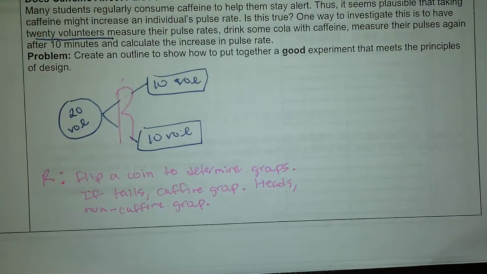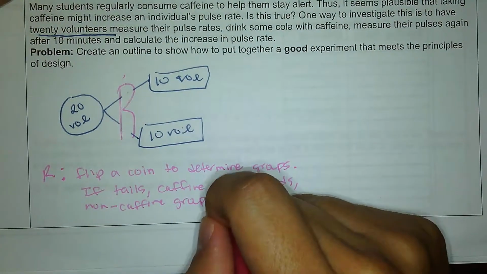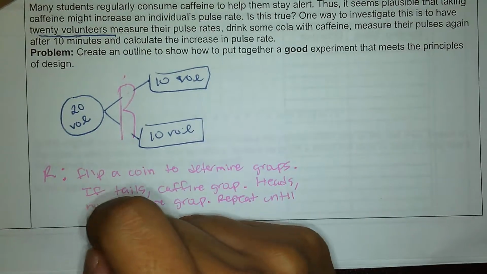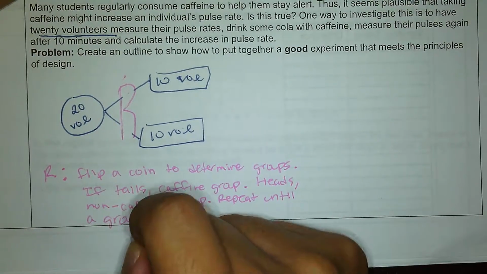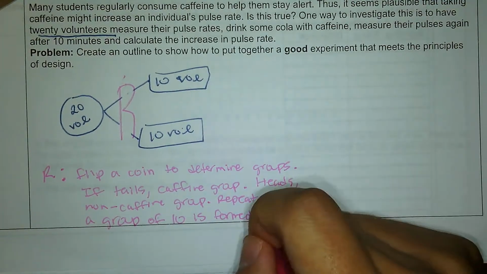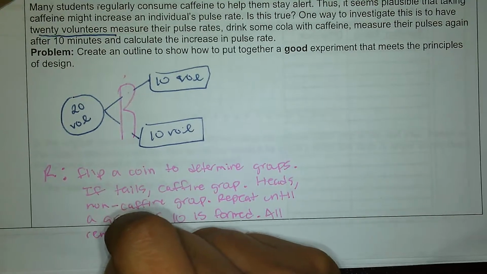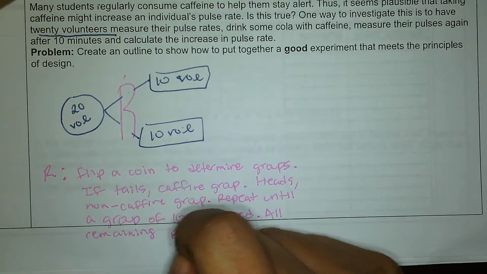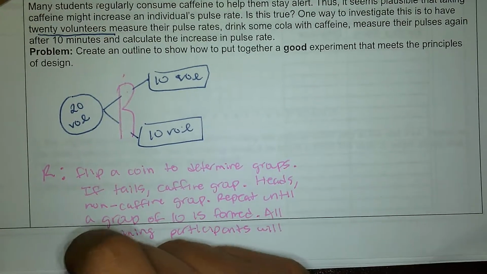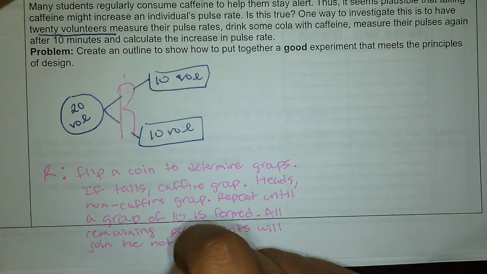Because what if I end up with 19 tails and 1 head? Some of my groups are not equal. So I'm going to say repeat until a group of 10 is formed. All remaining participants will join the not yet completed group.